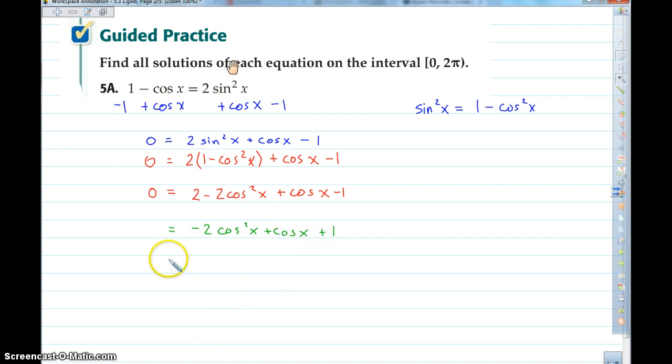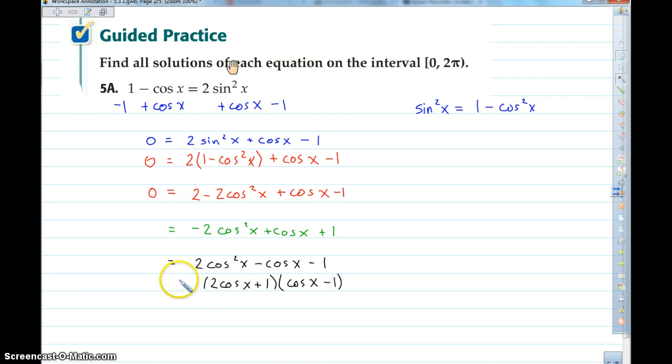I'm going to multiply by the negative and get 2 cosine squared x minus cosine x minus 1. And then when we factor that, we get 2 cosine x plus 1 times cosine of x minus 1.